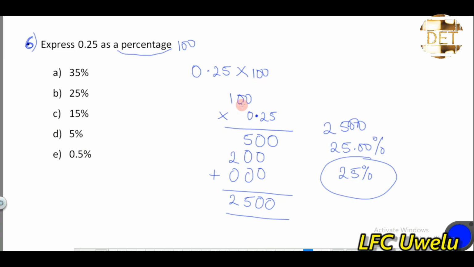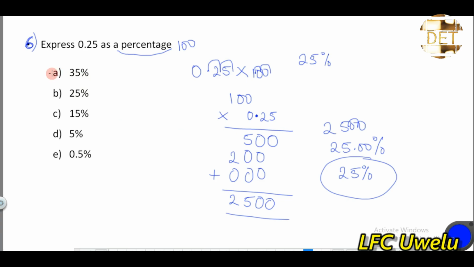Another way you can do it, instead of going through this long way: this is 100, right? So since we have 2 zeros here, what I would do is move this decimal point here, and then here. That represents the 2 zeros, right? So that will be 25%.